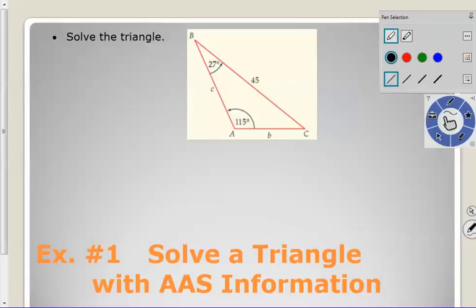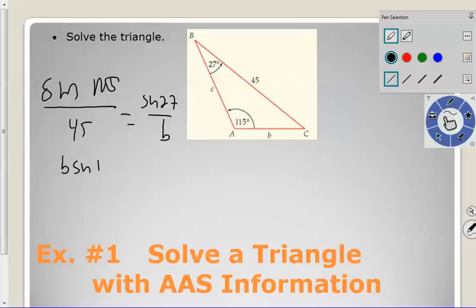So if we were to set up this particular problem, we could do something like the sine of 115 over 45 is equal to the sine of 27 over b, and then you cross multiply, so you get b sine 115 equals 45 sine 27.